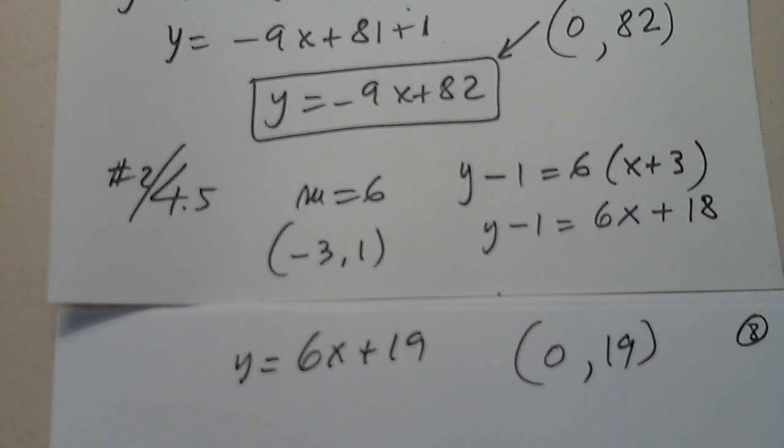We have a point 3, 5, and this is problem 3 on 4.5, and they're telling us that the slope is 3. We don't have to determine the equation because we already know how to, but if you want to practice, we can. But I'd like to graph this equation. So they are giving us 3, 5. So this is 3, 5.